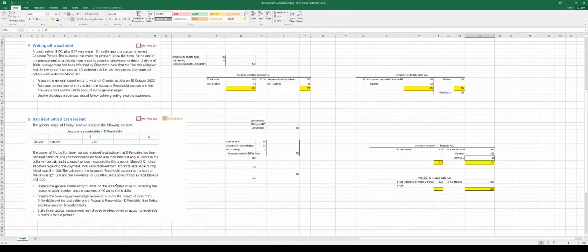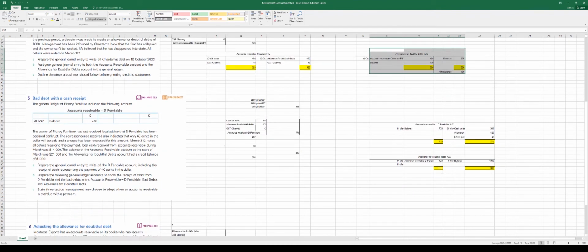Next thing, allowance for doubtful debts. Just like in question number 4, we have the balance of $1,000 here. We know that the actual bad debt is 420, so we have to record that on the debit side. Initially, the balance is $1,000. Actual bad debt 420.